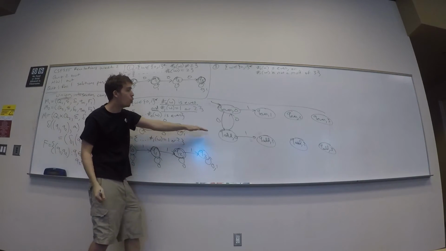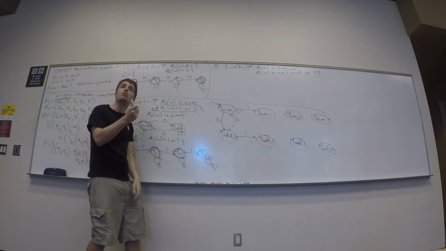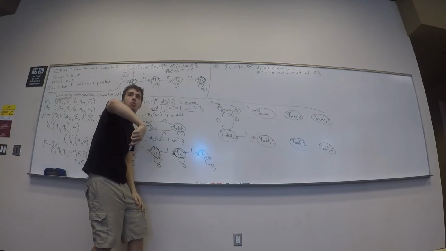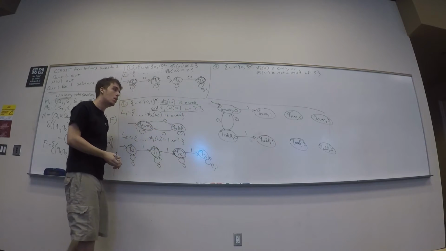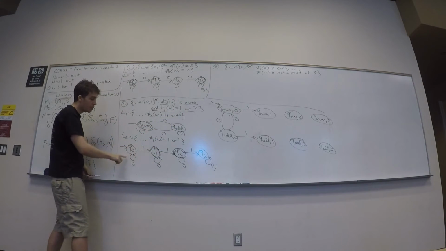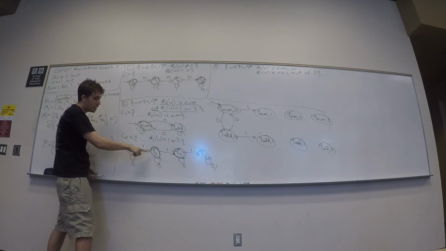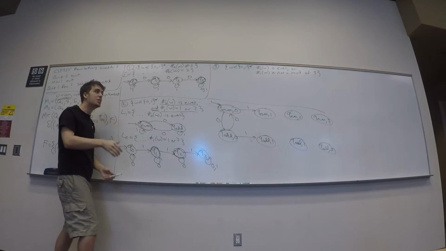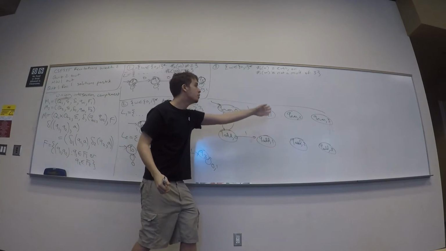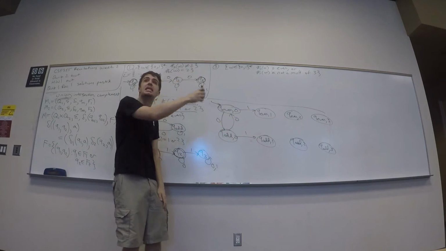So no matter what row you're in, when you read a 0, you must go to the other row. Okay? But do you stay in the same column? Well, that corresponds to this machine. Well, each of the states has a self loop on 0. So that must mean, since this is the 1 column, 2 column, 3 column, I stay in the same column.